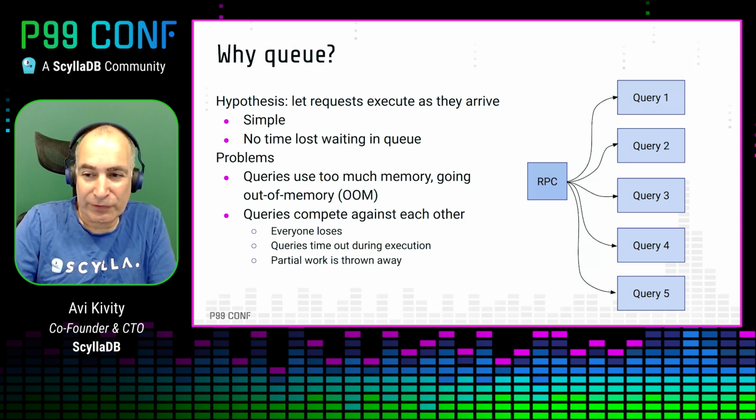And if the timeout is set below that, it means that all of the queries will time out instead of some of them actually succeeding and some timing out. And when we do time them out, we throw away all of the partial work that we've been doing. So not only did we time out, we also wasted resources not accomplishing anything.